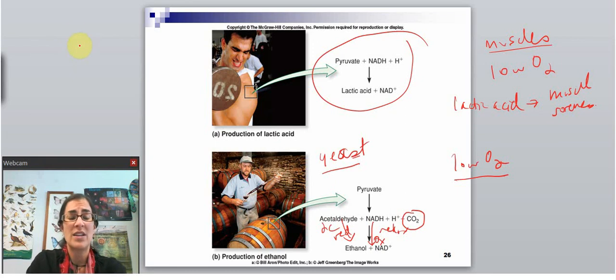And so when it's a very rare event that ends in death, there's no chance for evolution to select for any change in the brain cells. So that's why only our muscles can do lactic acid fermentation, and why for the most part we are very dependent on having a good supply of oxygen, which is why our lungs and hearts need to work well.